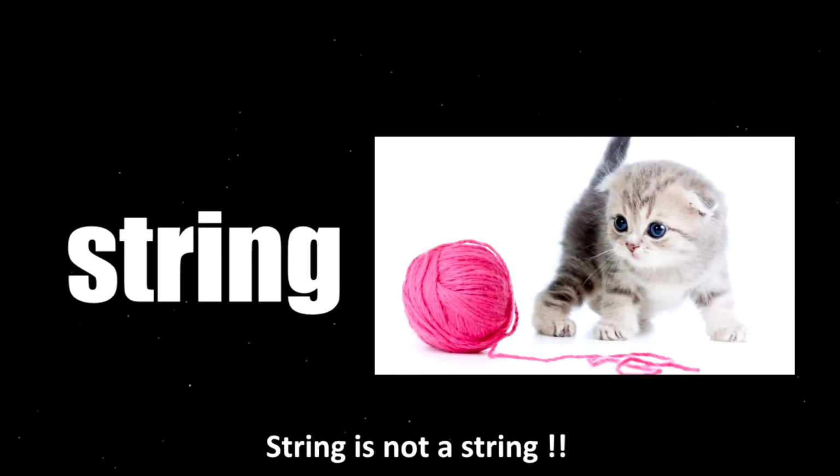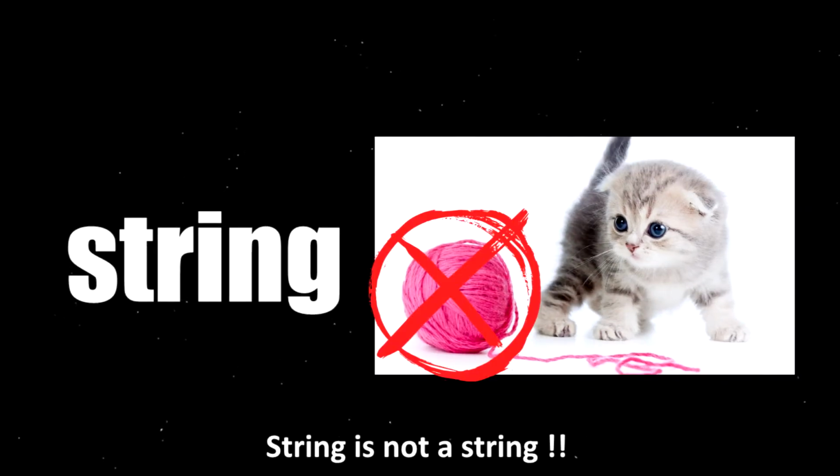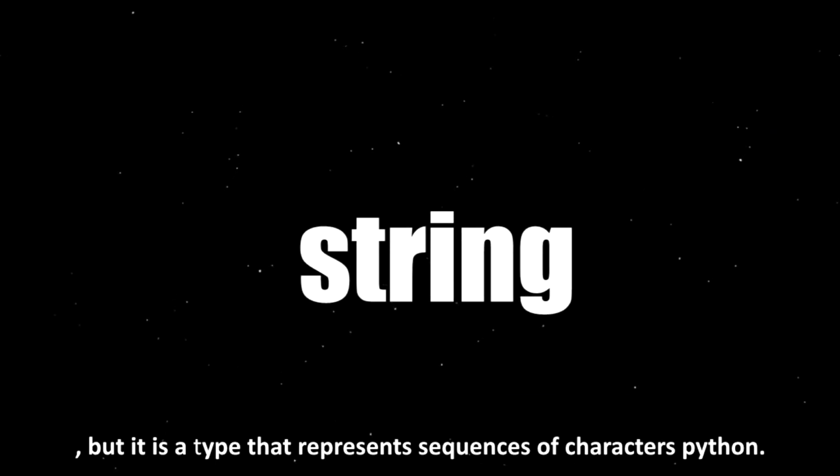Part 4. String is not the kind of string you think of, but a type that represents sequences of characters in Python. This part has the Python jargon string, upper, lower, and strip, which is about letters.